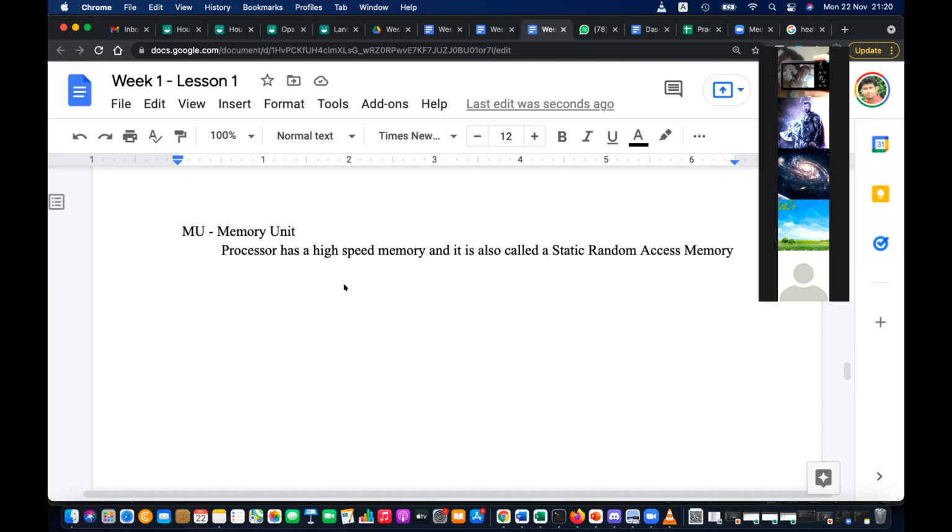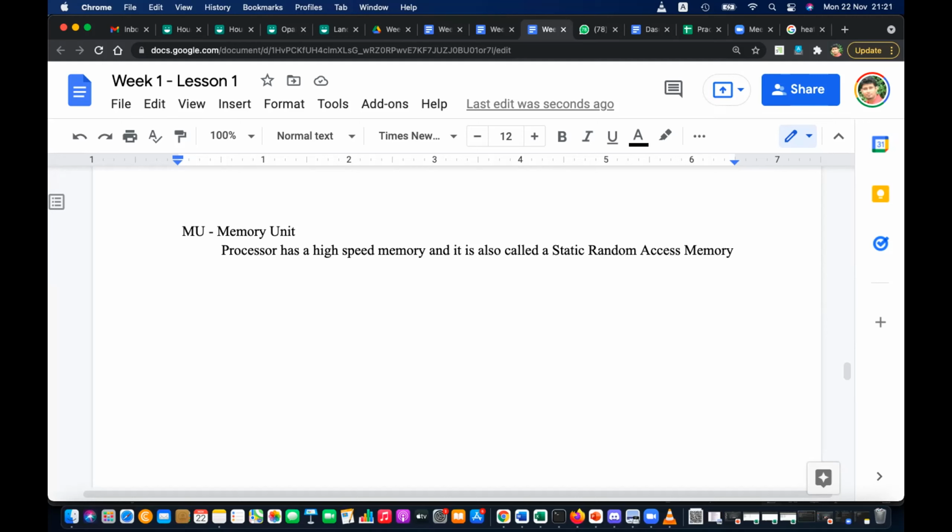Processor has a high-speed memory, and it's also called static random access memory, or SRAM. So please write down SRAM. It has two parts named cache memory and registers.